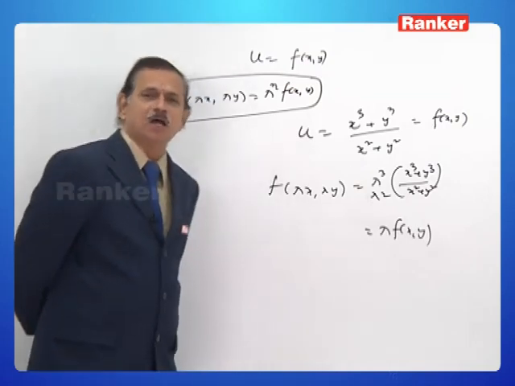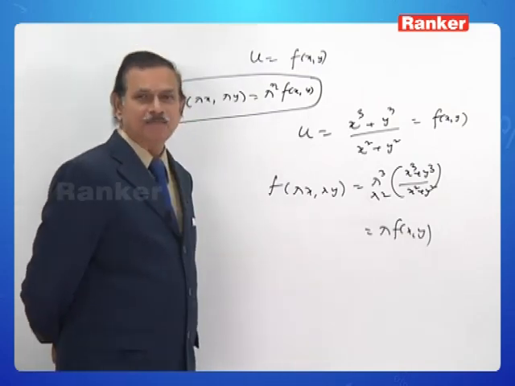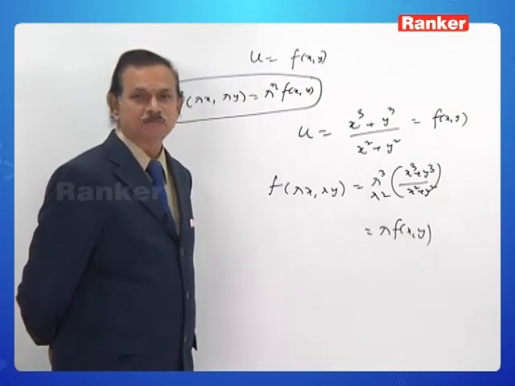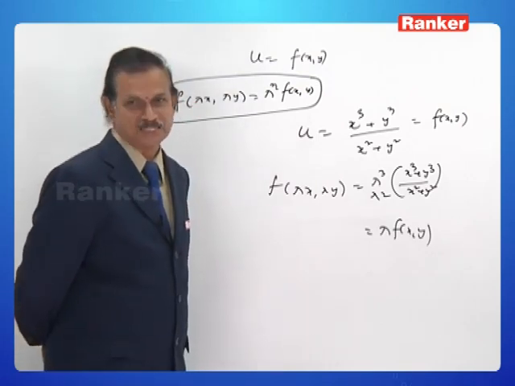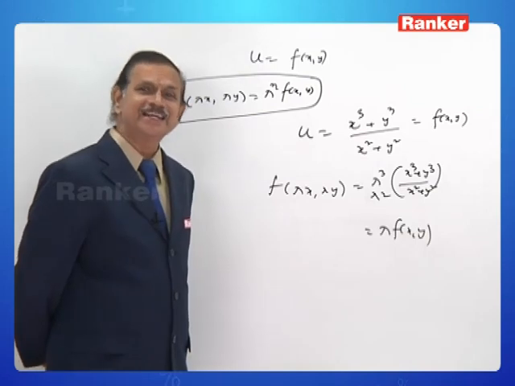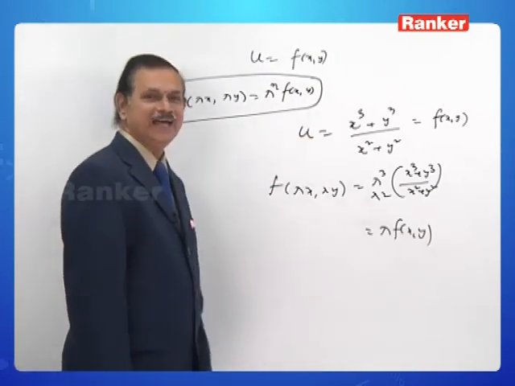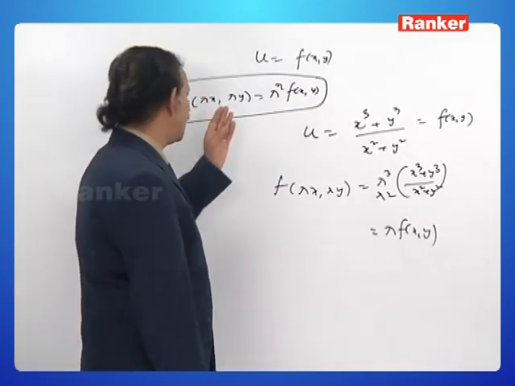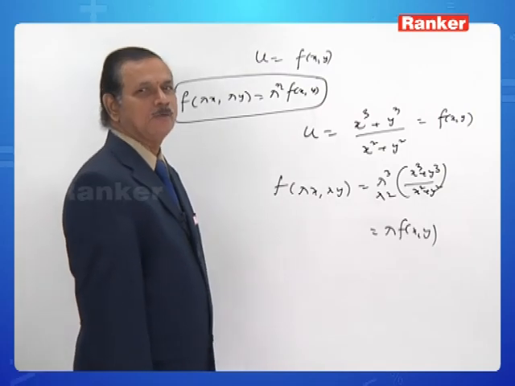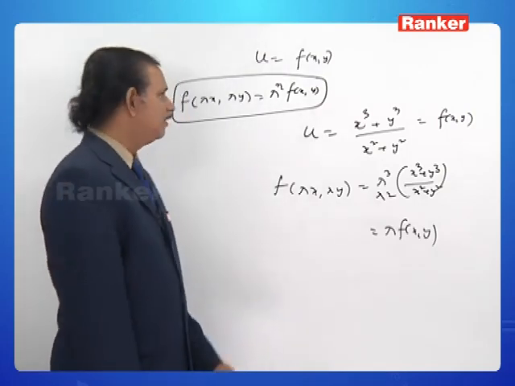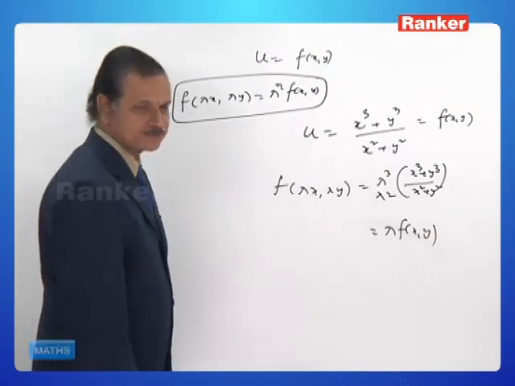If you are considering a function of three variables, then f of lambda x, lambda y, lambda z is equal to lambda power n into f of x, y, z. Then n is called the degree, so it is homogeneous of degree n. F of xy is said to be a homogeneous function of degree n if and only if f of lambda x, lambda y is equal to lambda power n of f of x, y.